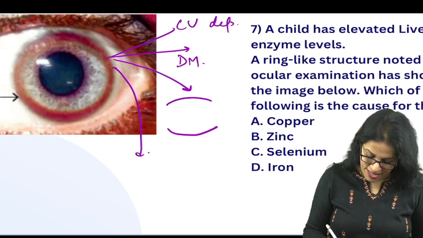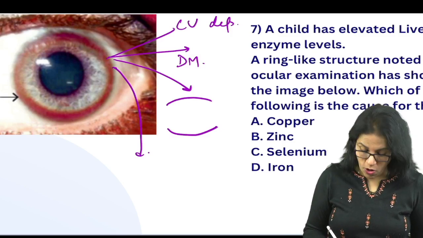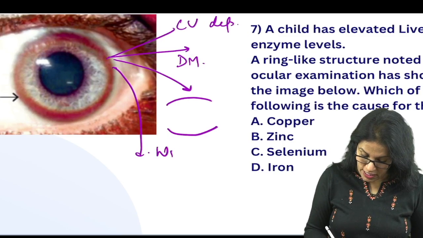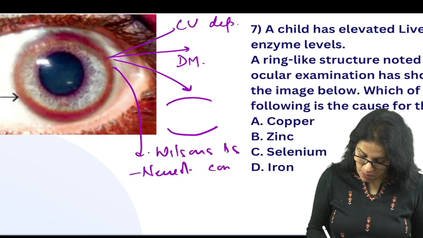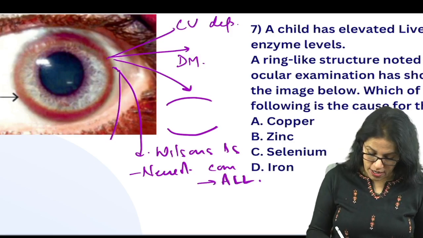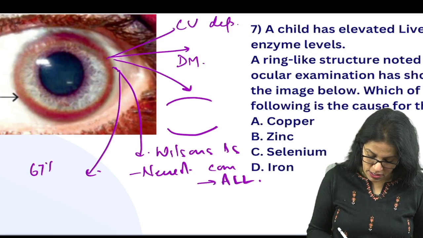Okay. What else? Then, all patients of Wilson's disease who have neurological complications, if there are neurological complications, then all patients present with KF ring. But only around 67% of the patients will present with KF ring if we are talking about hepatic involvement.